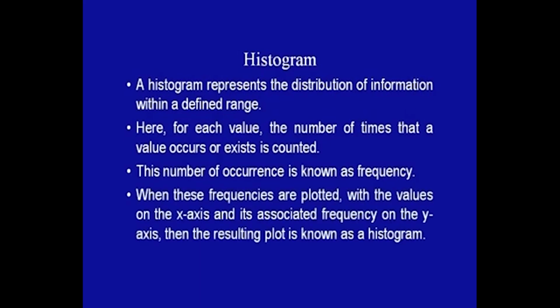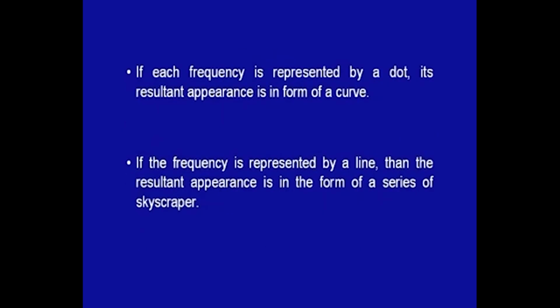When these frequencies are plotted with the values on the x-axis and the associated frequency on the y-axis, then the resulting plot is known as a histogram. If each frequency is represented by a dot, its resultant appearance is in the form of a curve. If the frequency is represented by a line, then the resultant appearance is in the form of a series of skyscrapers.